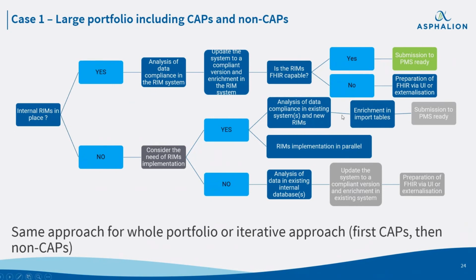So that will be an option. Also here we have to consider if the RIM system is capable of FIR submissions or not. This will be the same case as here. But then maybe we decide we don't need this RIM, or we're not going through this at the moment. So the steps are kind of similar.